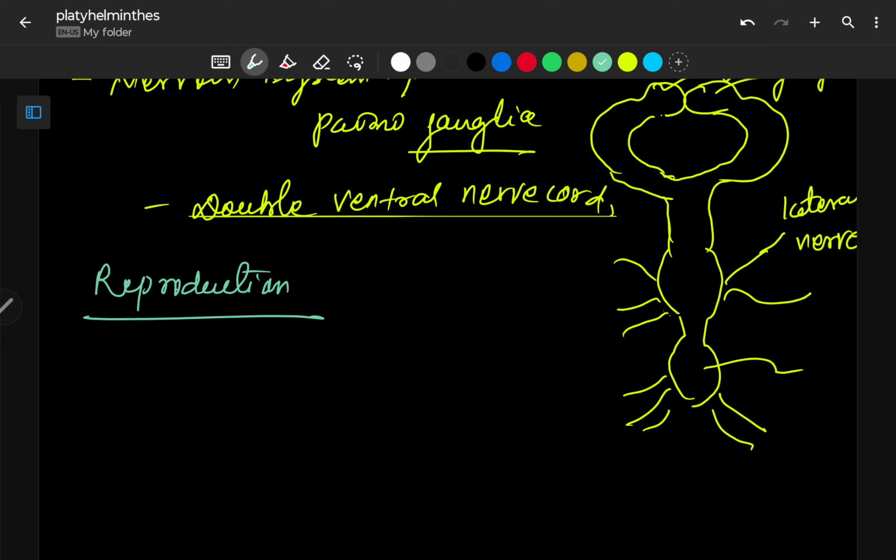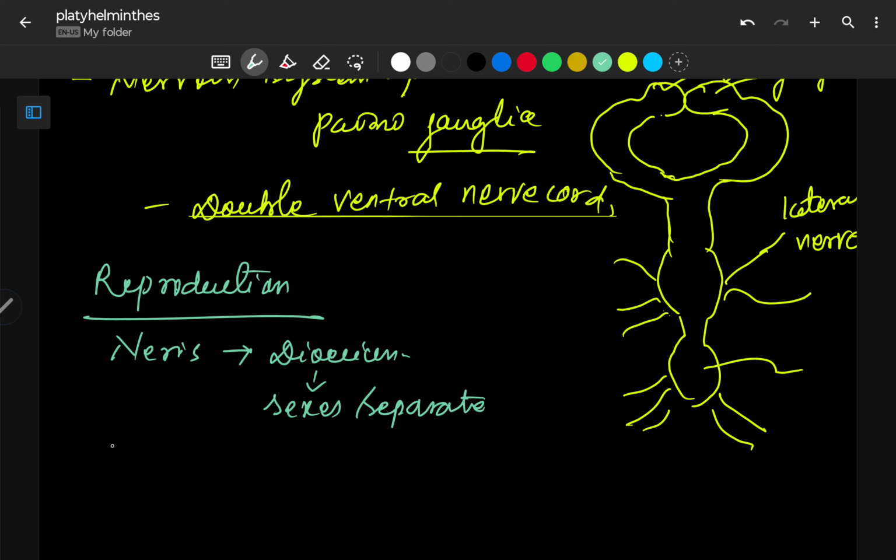Here some are dioecious and some are monoecious. So I will tell you with examples. Nereis is dioecious, means sexes are separate.